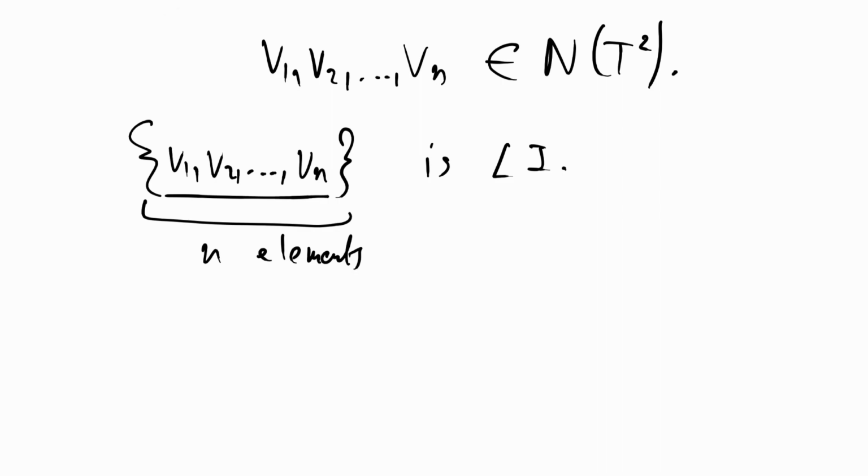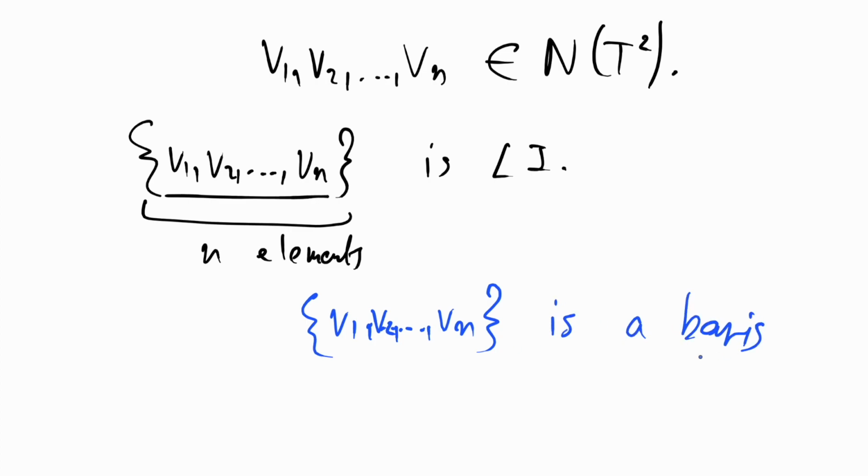Therefore, by some theorem in the book, I can't remember which one, but I'll recall it in a second, by that theorem, the set v1, v2, ..., vn is a basis for N(T²), right?